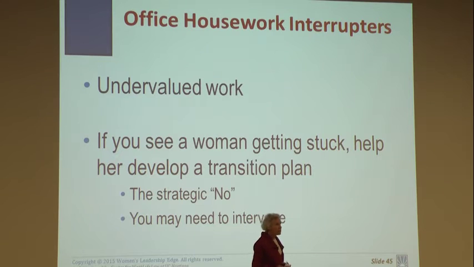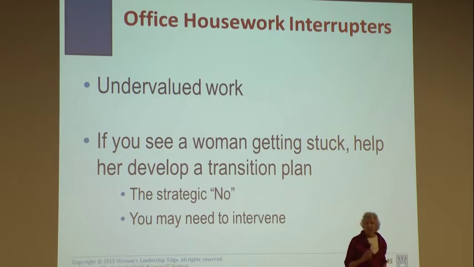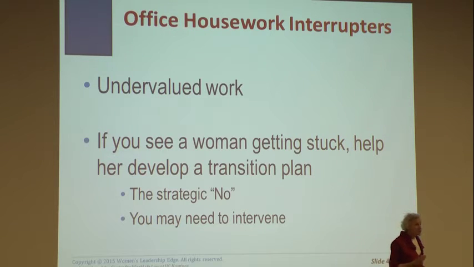For undervalued work, if you see a woman getting stuck in this, and they often do, it's important to help her develop a transition plan, to use what we call the strategic no, which means to go out and get some highly valued work, and then the next opportunity that comes around to work on the paperclips committee, to have her say, you know, I have really loved paperclips.